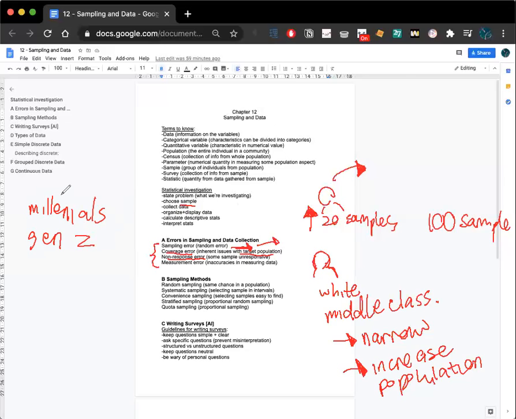Since the people who are outside these generations, like the elderly, aren't used to using technology, they are most likely not going to respond to the survey because of the unfamiliarity with technology in general.